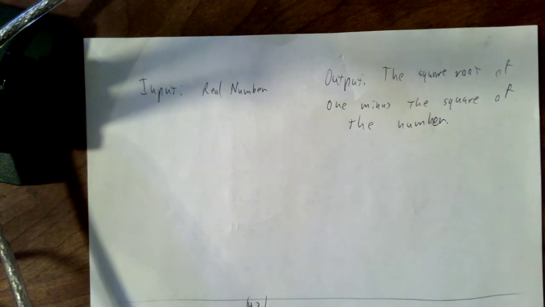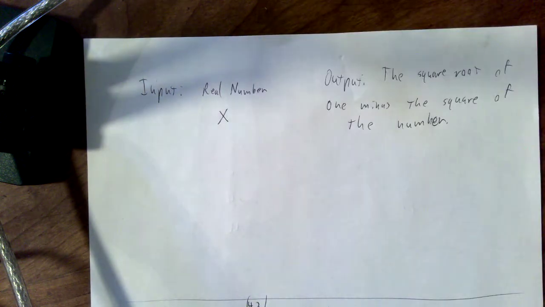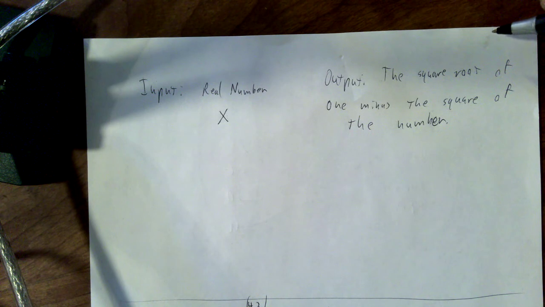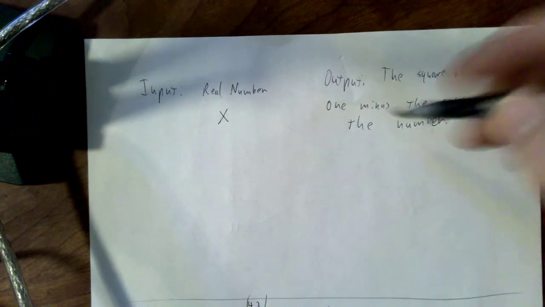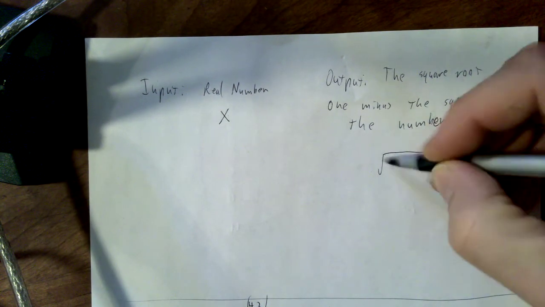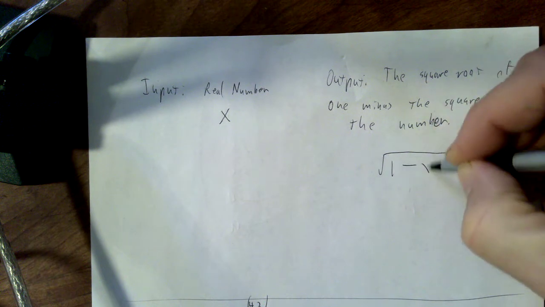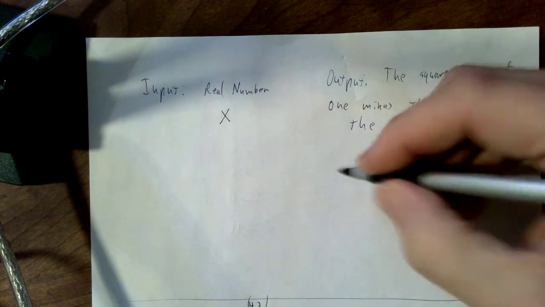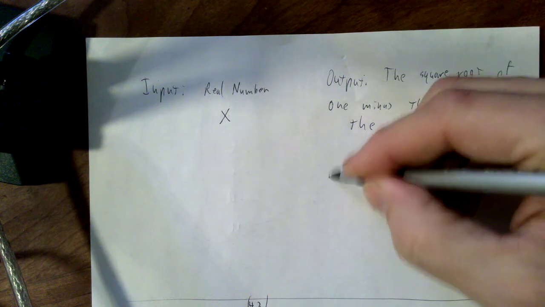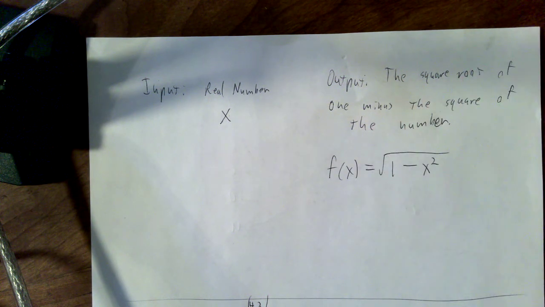That's why we're glad that we have algebraic notation for this. If I just give this a name, typically x is the input variable, then I can write this as the square root of 1 minus x squared. To say that's the output of the function is to say f of x equals the square root of 1 minus x squared. That's the algebraic way to write it.